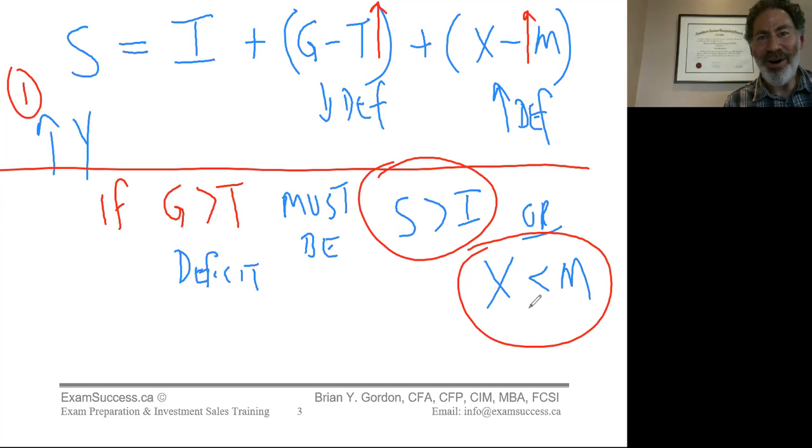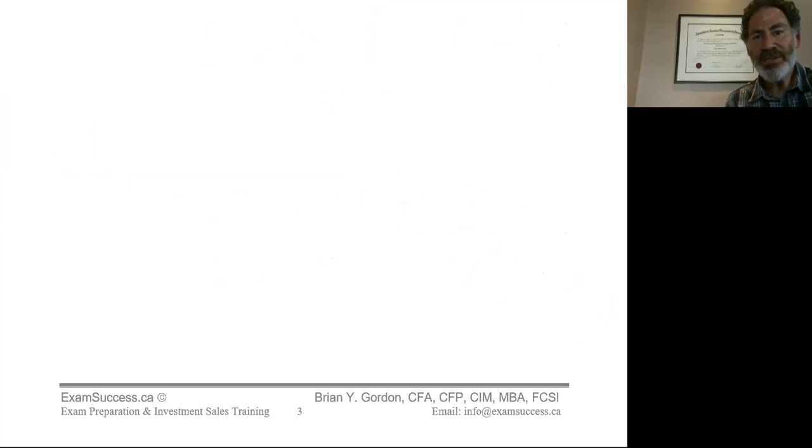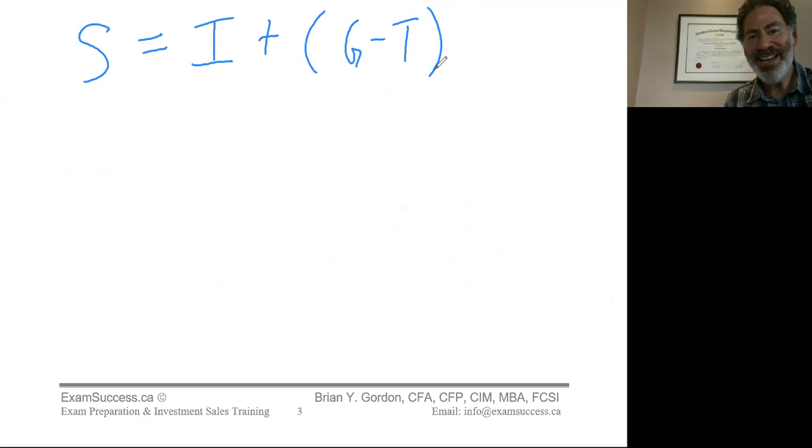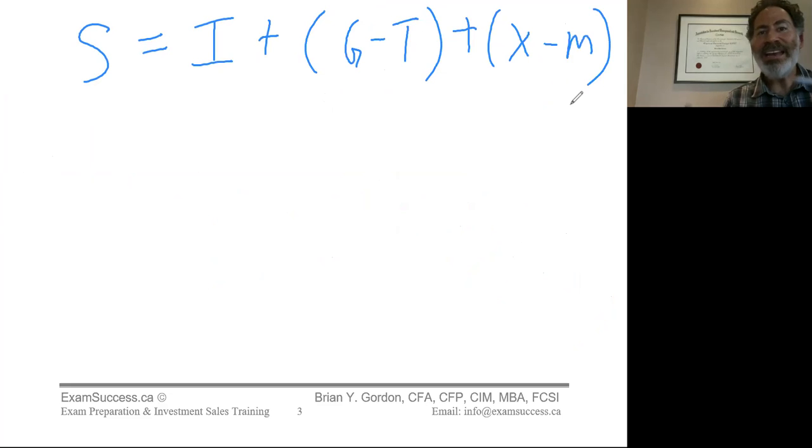And let me just clear this off and write it this way as well. So we had savings equal to investments plus G minus T plus exports minus imports. Now, you may also see this with the investments brought over to the left side.